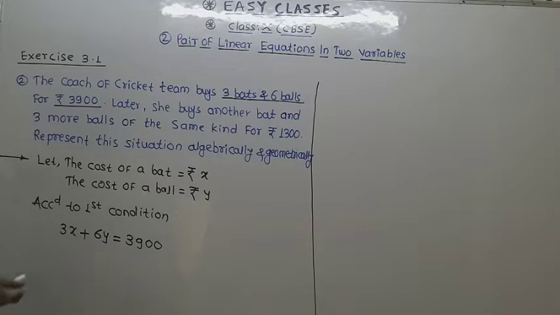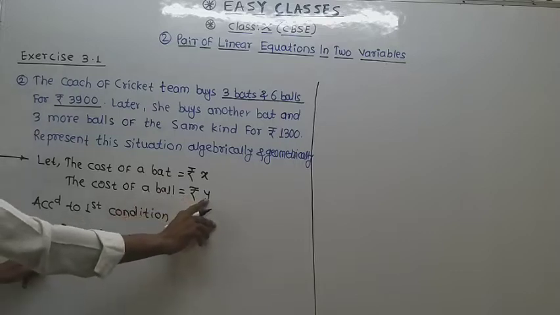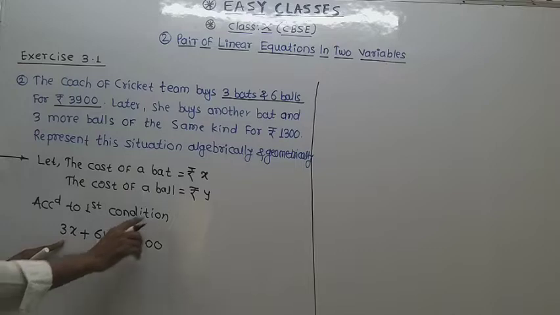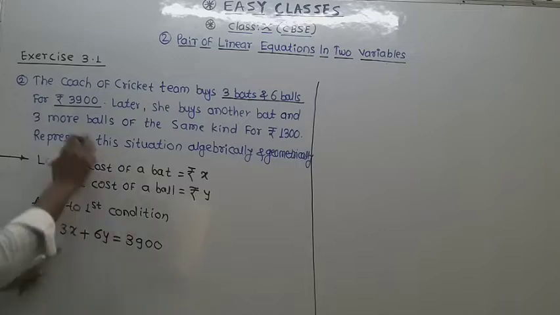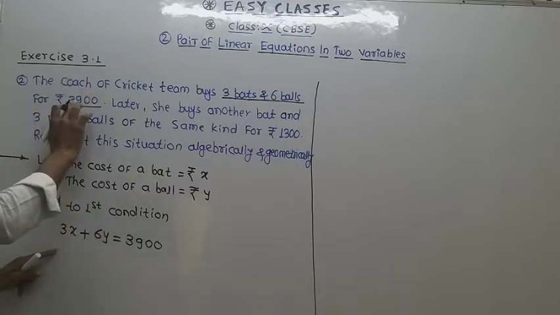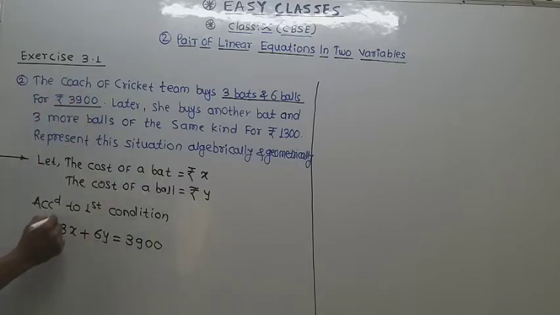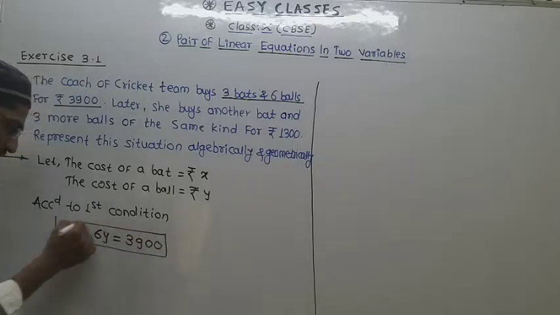So the first condition is 3x plus 6y, where x is the cost of one bat, so 3 bats cost 3x, and the cost of one ball is y, therefore 6 balls cost 6y. We have added, and the coach paid 3,900 rupees for both. So it is our first condition.